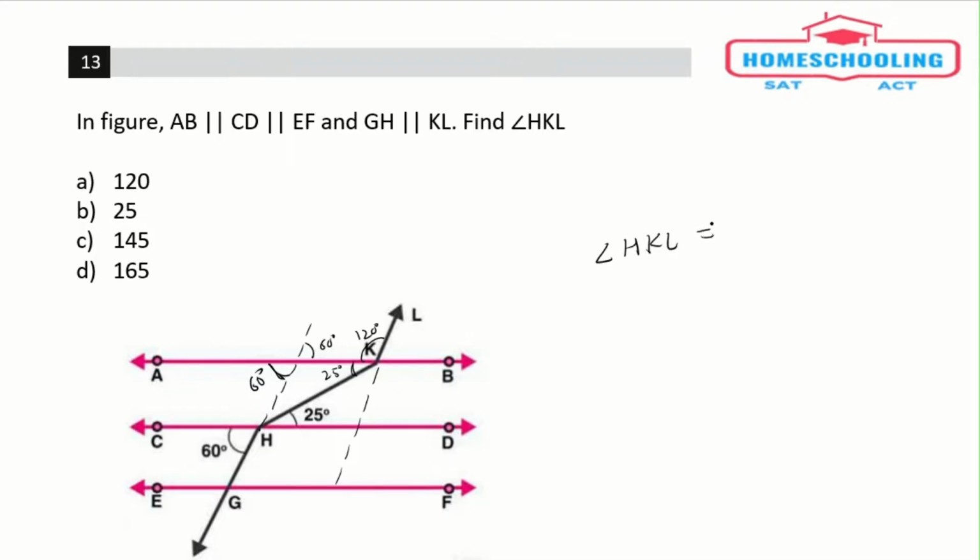That would be angle AKL plus angle AKH. From here we can find that angle AKL is 120 degrees and angle AKH is 25 degrees. So this sum would be 145 degrees. So this is going to be the answer.